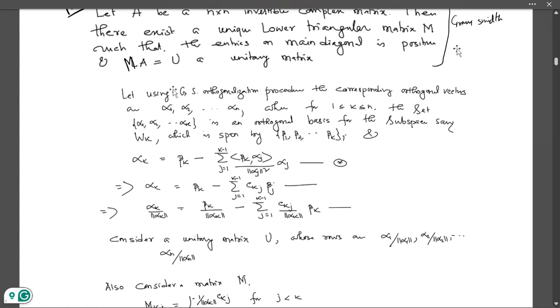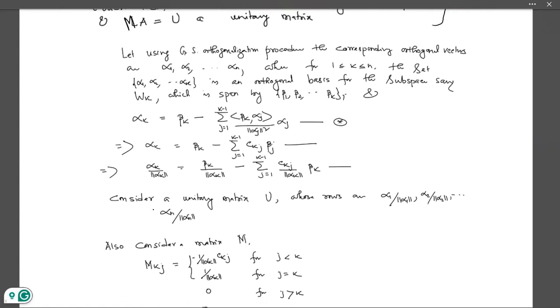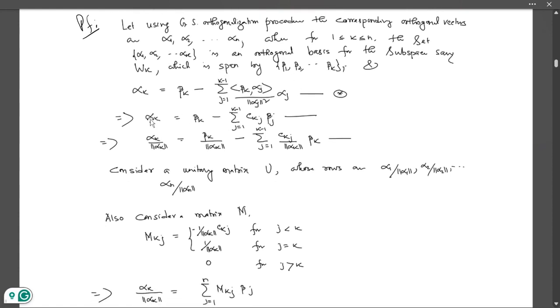Orthogonalization process will do this. How? I'm copying this because I think it is good to recall something. So this is the proof, maybe. Using the Gram-Schmidt orthogonalization process, you get alpha 1, alpha 2, alpha n, which is an orthogonal basis, coming from some basis beta 1, beta 2, beta k, where alpha is calculated from this formula.